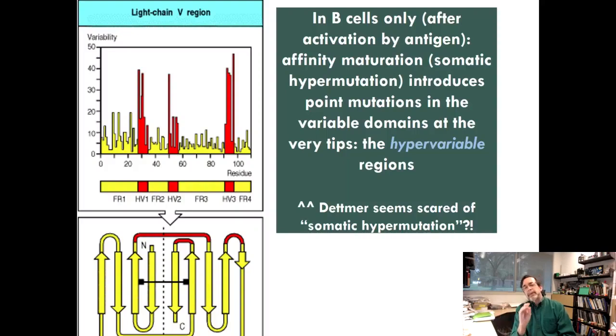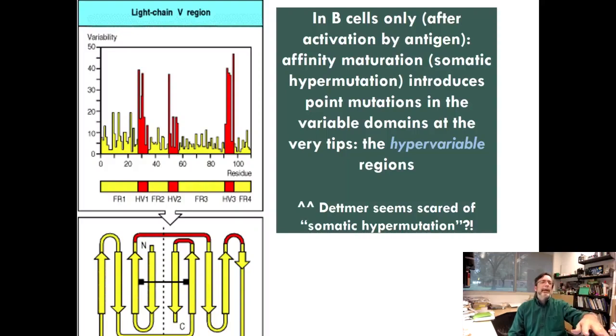If you think about that, this variability could not come just from gene shuffling. There must be something else going on, and there must be a way that the cell actually targets these. It's called somatic hypermutation, because it happens to somatic cells, and it's hypermutation. It's not that bad. Detmer seems scared of it, but you can handle it.